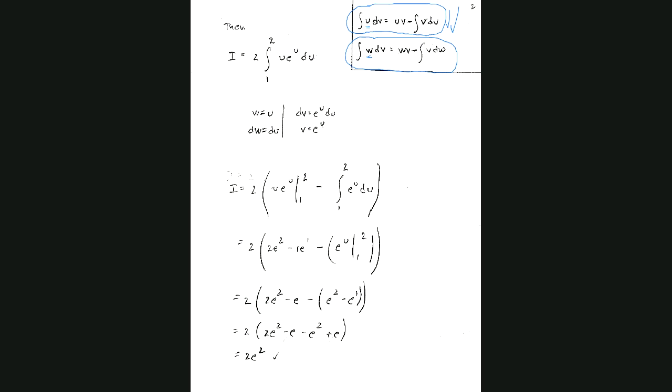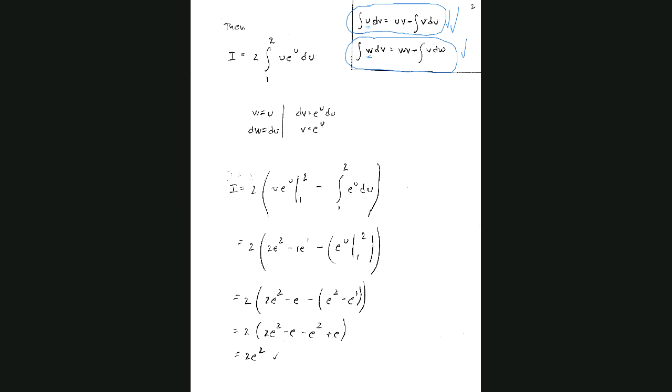Then the integral of w dv would be wv minus the integral of v dw. That second formula is also correct. Are we comfortable with that? I'm just replacing the u with the w.